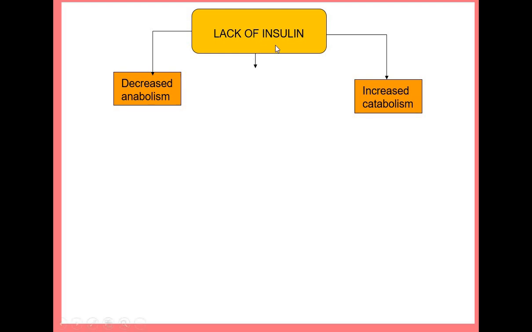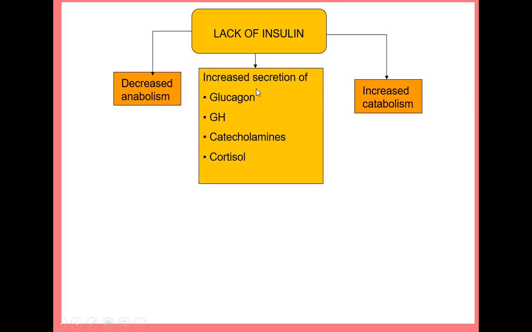Okay. Also there will be hormonal imbalance. You know that there are some hyperglycemic hormones, and there will be increased secretion of such hormones. Glucagon, you know, is the antagonistic hormone for insulin, released from the pancreatic alpha cells of the islets of Langerhans. Growth hormone, an anterior pituitary hormone, is also hyperglycemic. Catecholamines, that is adrenaline, are released from the adrenal medulla.